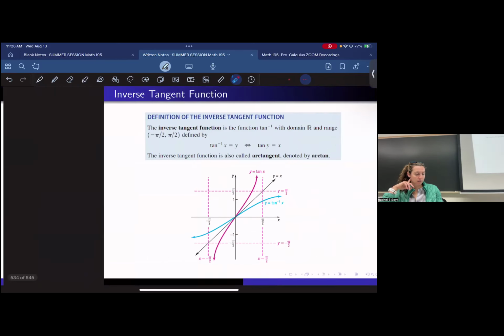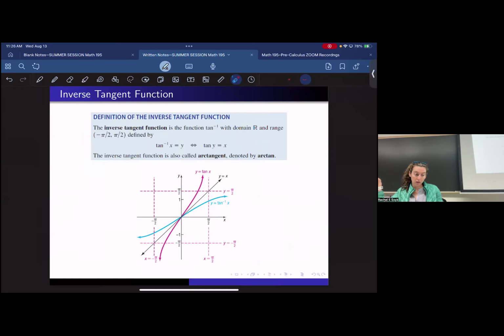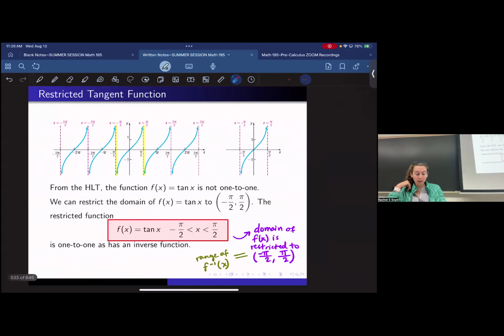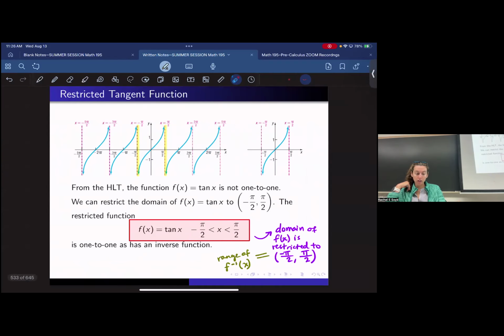All right. So now our inverse tan function, we already know what our new range is. Our new range is restricted at our negative pi over 2 to pi over 2. And then our domain shooting up, right? What's our range of our original tan function? It's all real numbers.